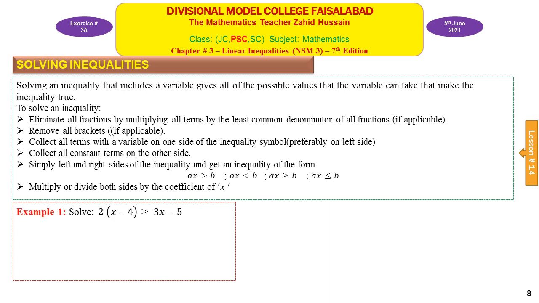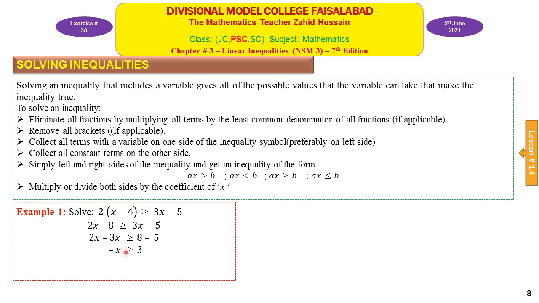This is an example. This inequality has a bracket, so we will remove this bracket. We will omit the fraction step, because this inequality does not contain any fraction. So we will remove this bracket, and we will collect all the variables on one side and all the constant terms on the right hand side. Simplify the left and right hand sides.